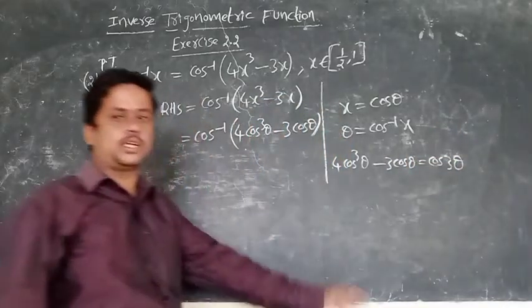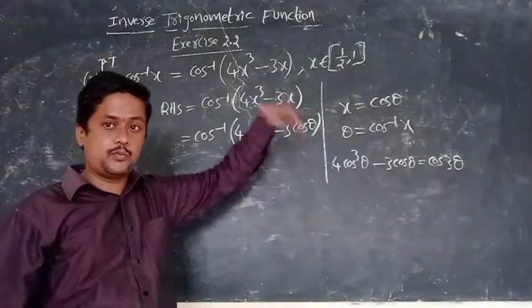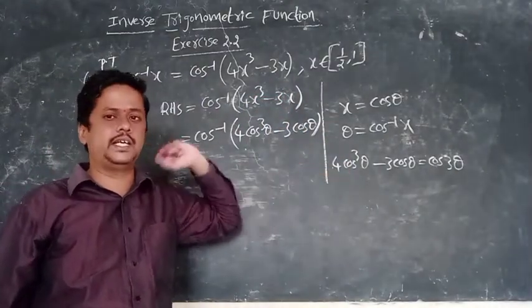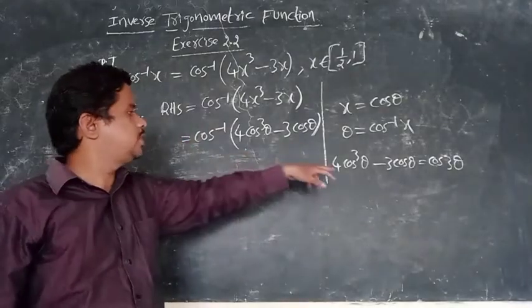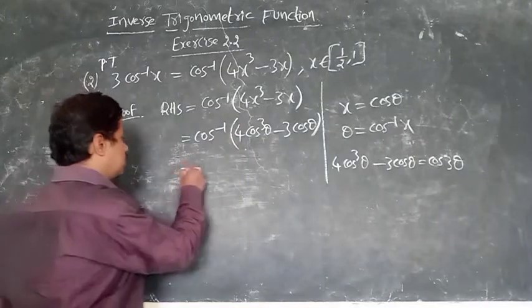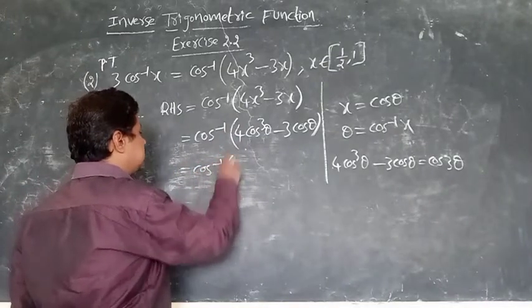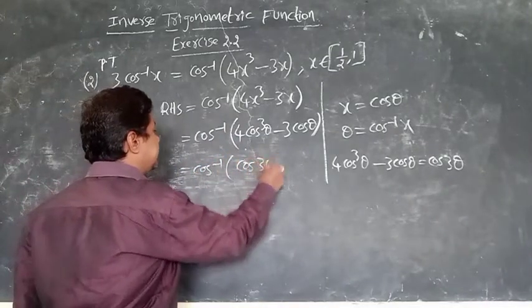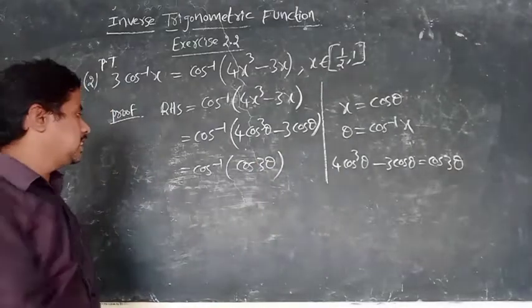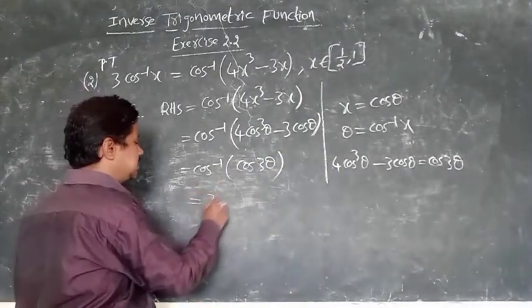This is the formula. Before, it was sin 3 theta; this is cos 3 theta. Substitute this formula here: cos inverse of cos 3 theta. Cos inverse cancels cos, leaving 3 theta.